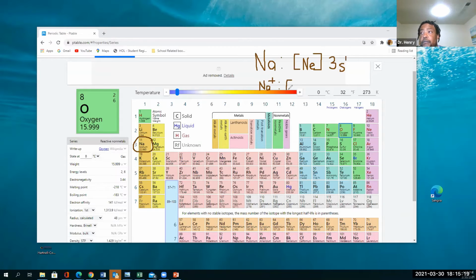So we just end up with Ne. This ion has the same number of electrons as neon, which makes it isoelectronic. It gets that plus charge because it has lost one electron and has the same number of electrons as neon. Does that make sense?